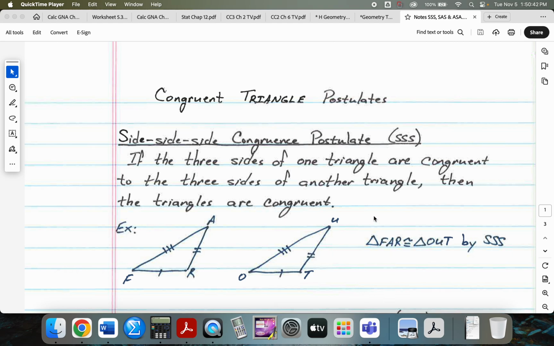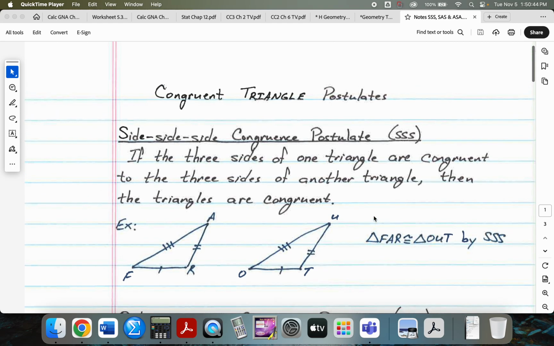So the first thing we're going to learn is called the side-side-side congruence postulate. It says if we've got 3 sides in one triangle that are congruent to the 3 sides of the other triangle, then those 2 triangles have got to be congruent. In other words, if the sides are all congruent, the angles will take care of themselves.